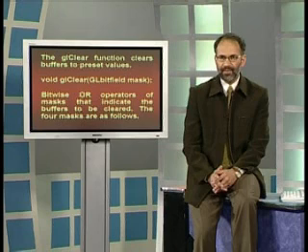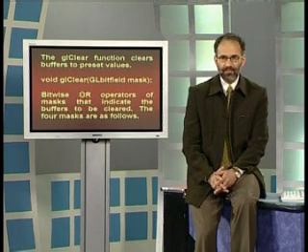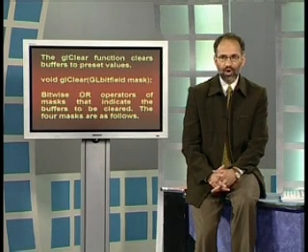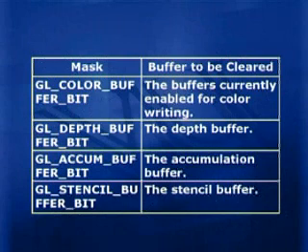Ultimately the bits set in that mask determine which buffers need to be cleared or set to their preset values. There are different masks that we can use, and we'll be talking about them shortly. They indicate the buffers to be cleared, and they are specified according to this list. Look at this. The masks are written on the left side. In the right column we have the buffer to be cleared associated with that value.